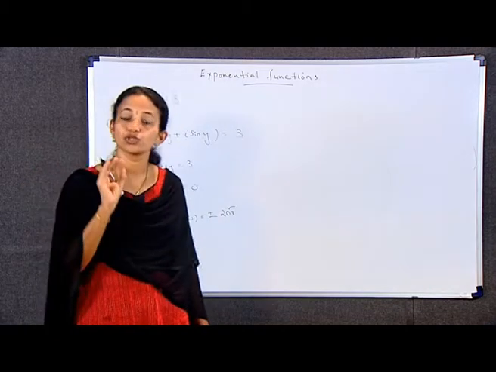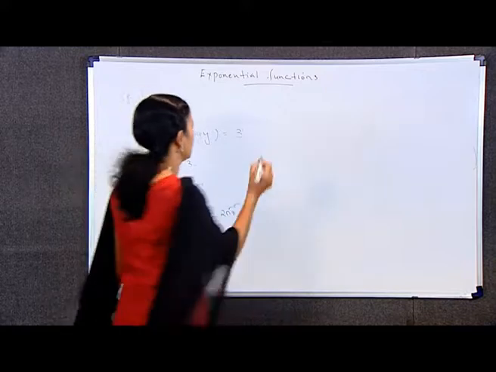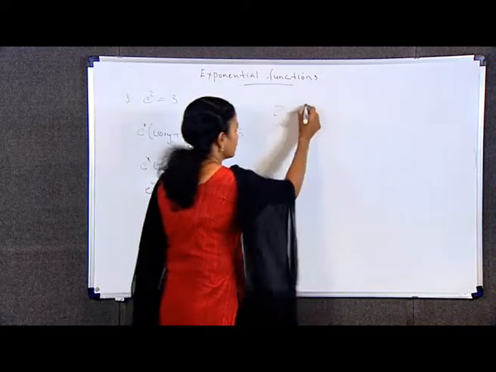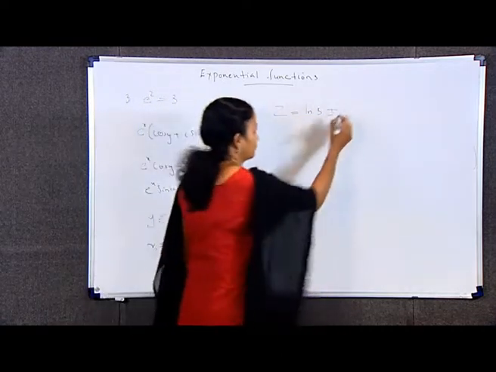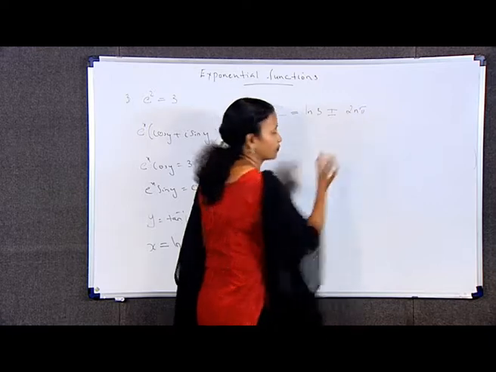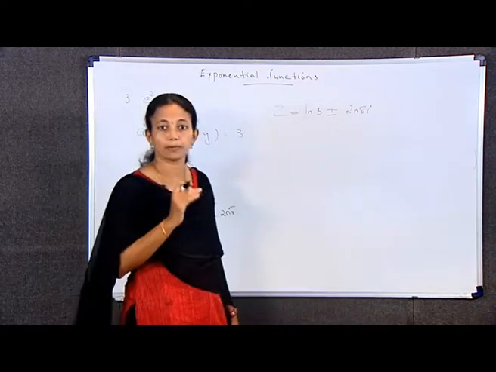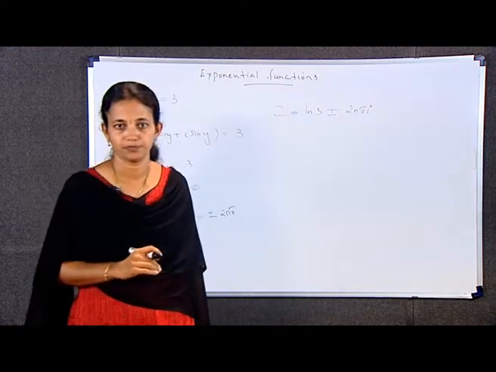Hence, the solution of e raised to z is equal to 3 is obtained as z is equal to ln 3 plus or minus 2n pi i, where this n varies from 0, 1, 2, 3 etc.